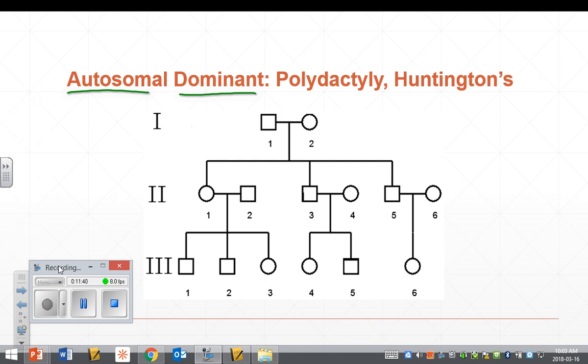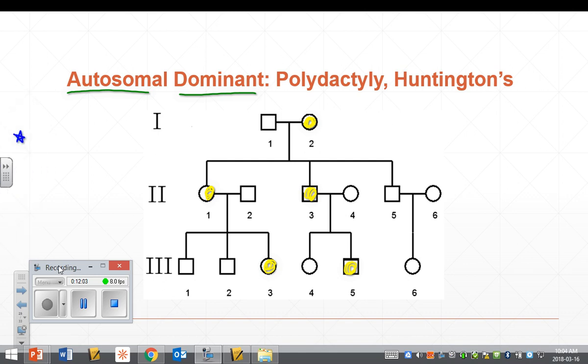When the trait is dominant, we should see the trait show up in every generation. Now, does it have to show up in every generation? No, but it probably will. So what I'm going to give you are clues, things that you can look for that would be representative of this.